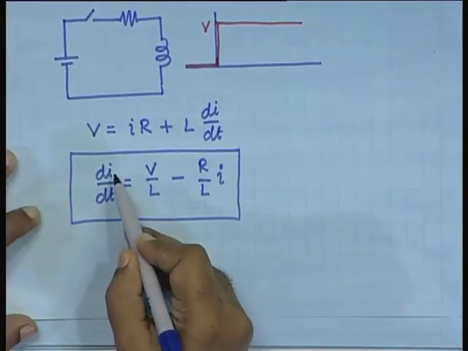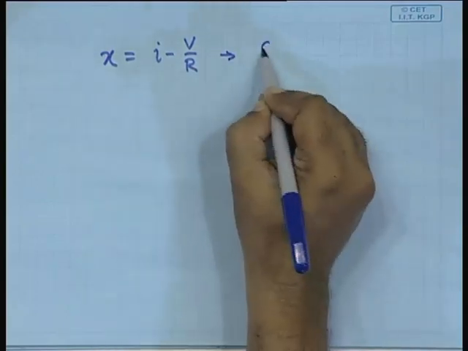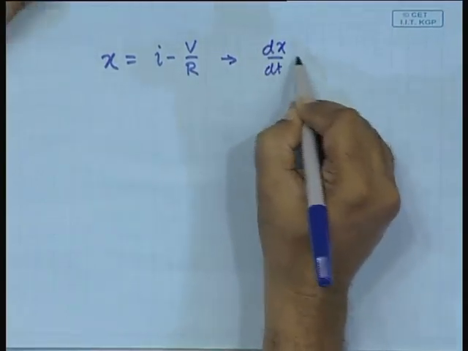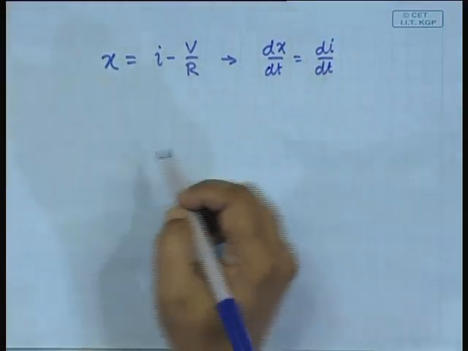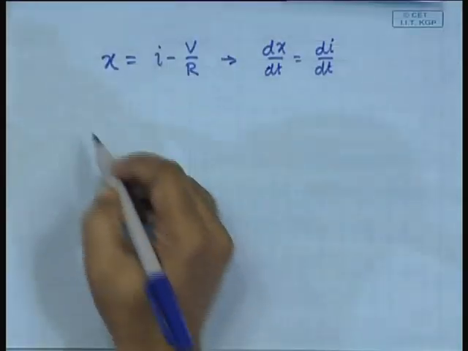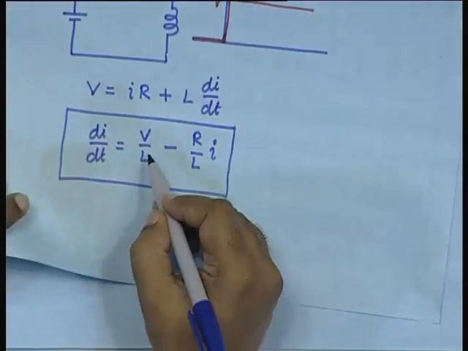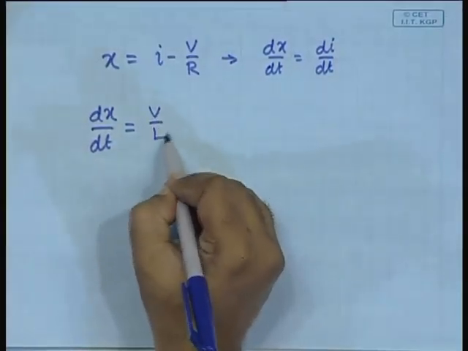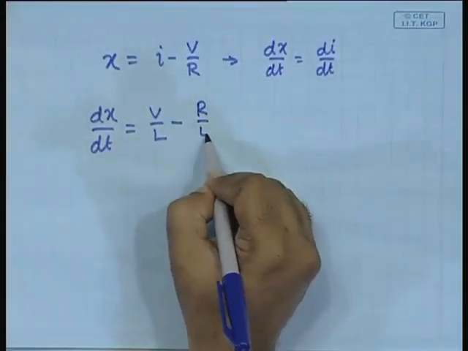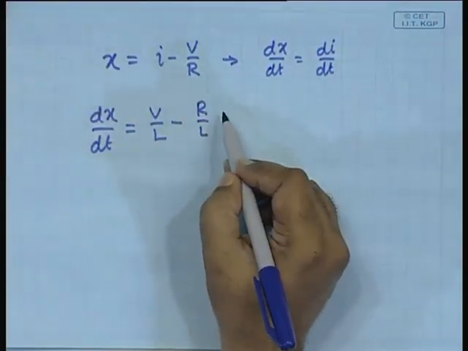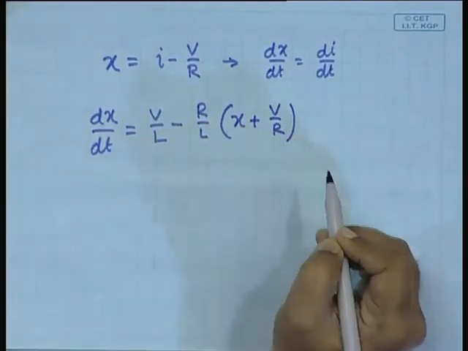Original equation was this. So, this gives dx dt is equal to v by L minus r by L I. R by L I is x plus v by r.